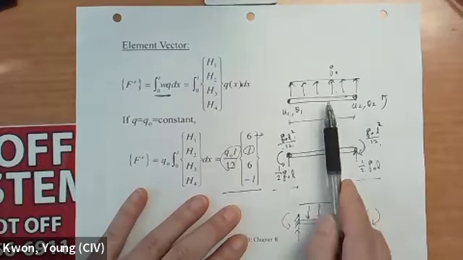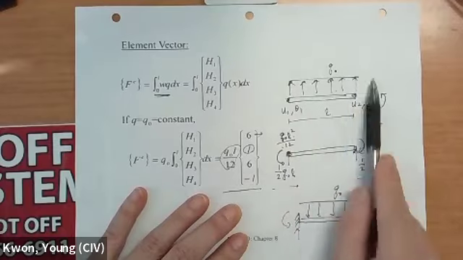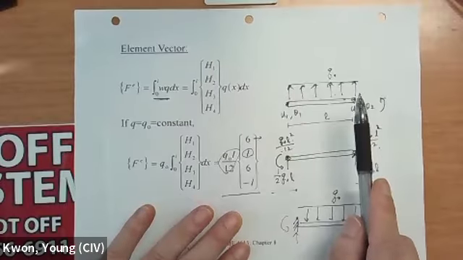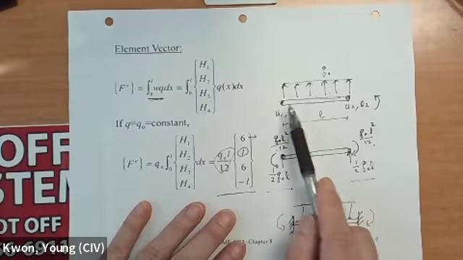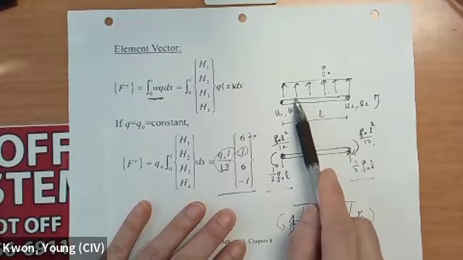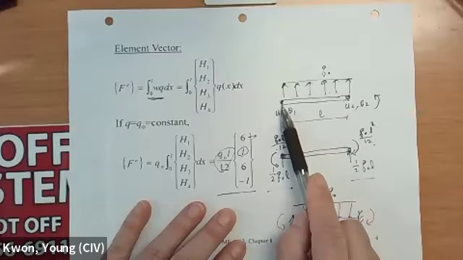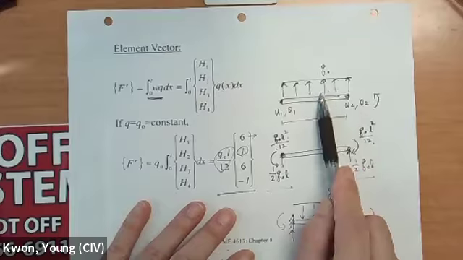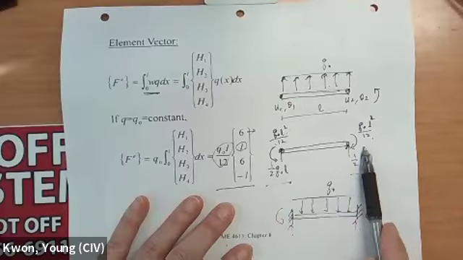In other words, if you have a loading like that one, this is the true loading. But in the finite element context, you cannot apply load other than at the nodal point. So you cannot put the load at this location. Everything has to be represented at the nodal point. So this is represented as nodal force and nodal moment.